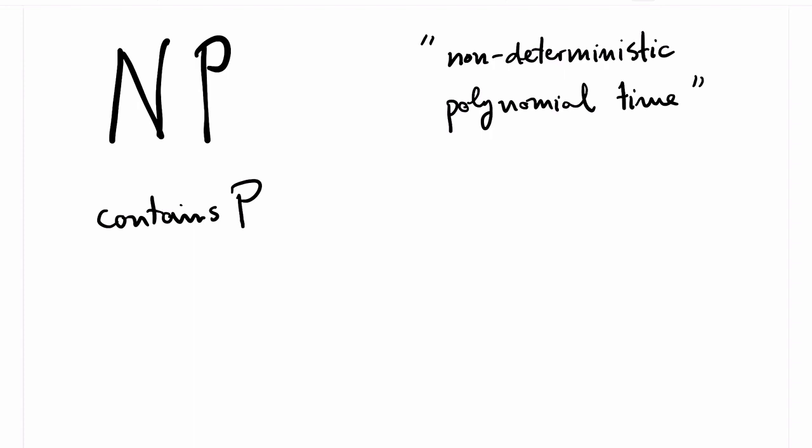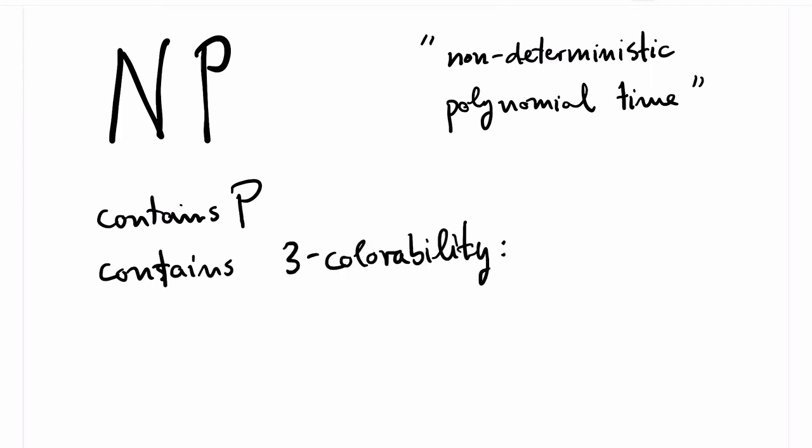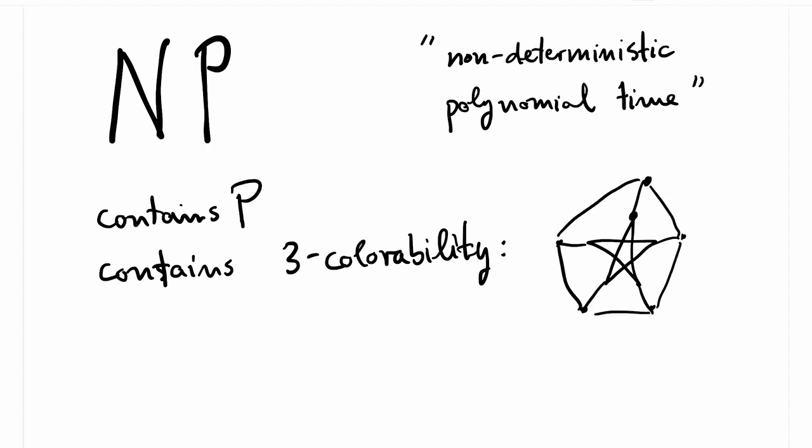To give you some examples, 3-colorability is in NP, I claim, because if we are given a graph and a 3-coloring of its vertices, we can decide in polynomial time whether the coloring is valid. That is, whether there are no 2 adjacent vertices that are colored with the same color. So this verification can even be done in linear time. We simply run over the set of all edges and verify the coloring condition.